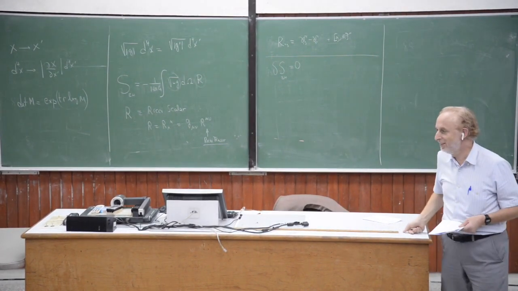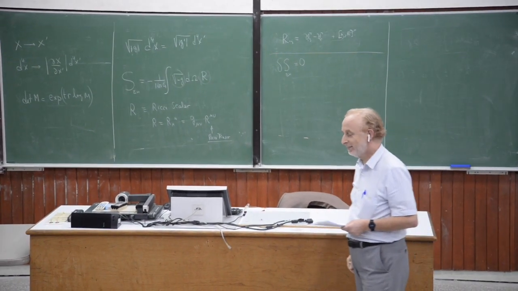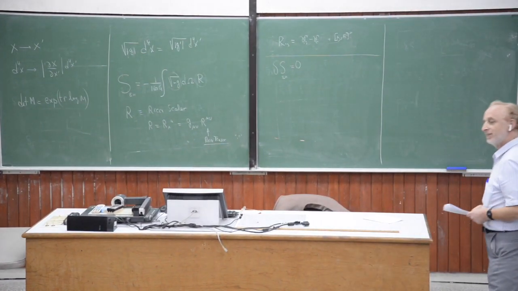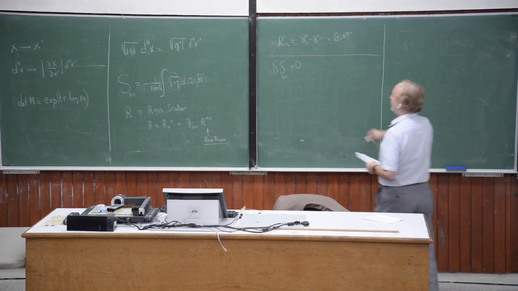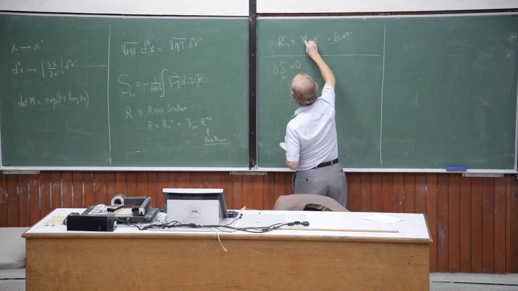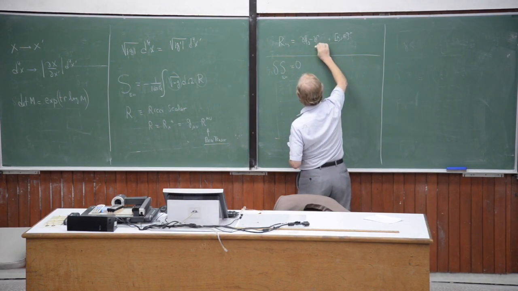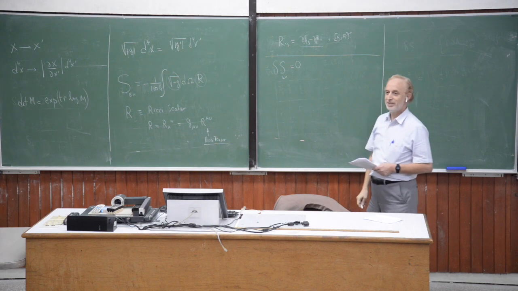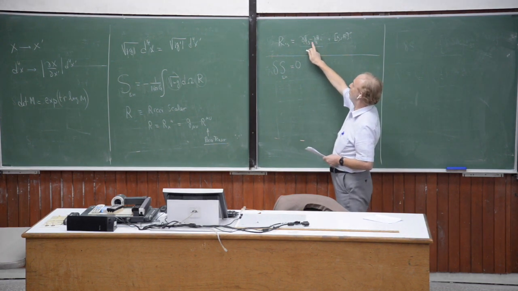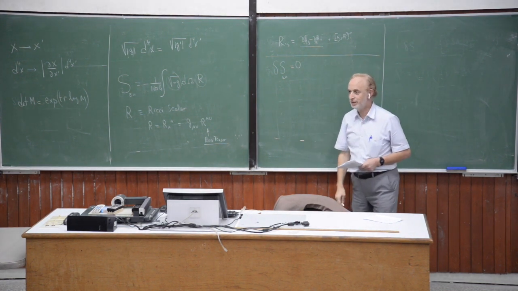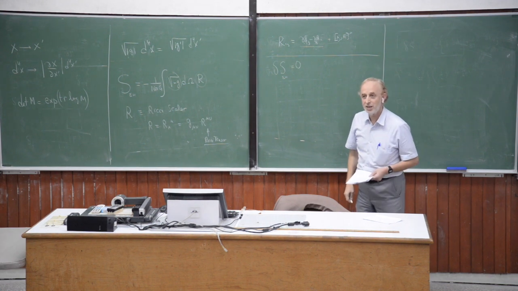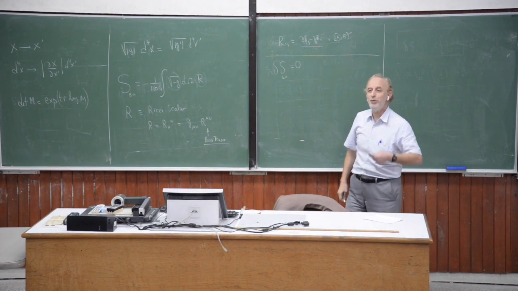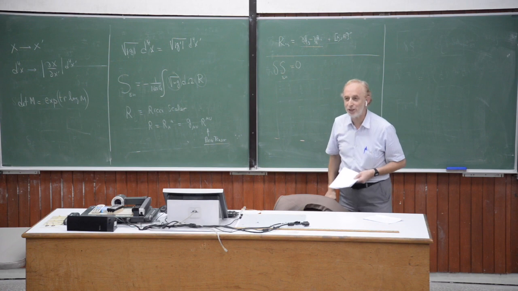They're not matrices, right? So what is partial i A_j minus partial j A_i? It is F_ij, the electromagnetic field tensor.